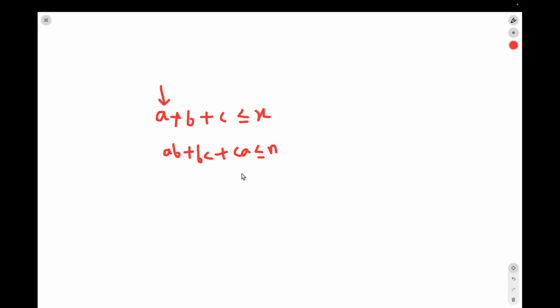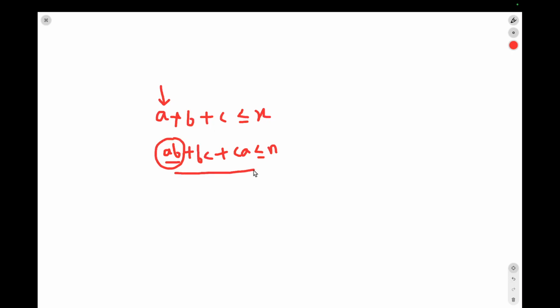And now for b, I have checked whether ab is less than or equal to n or not, because if ab is greater than n, then obviously this condition cannot hold.